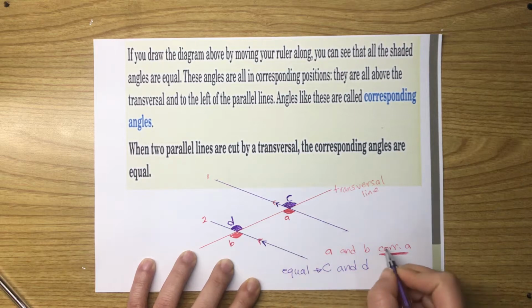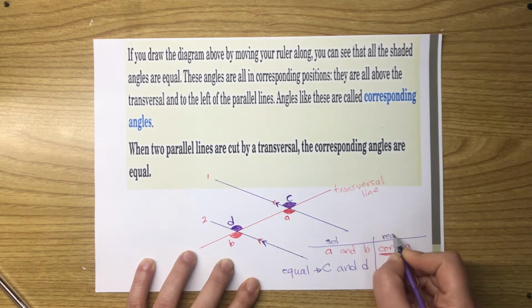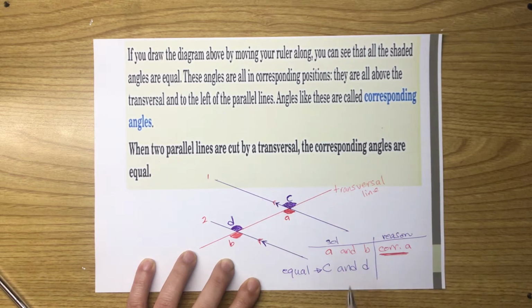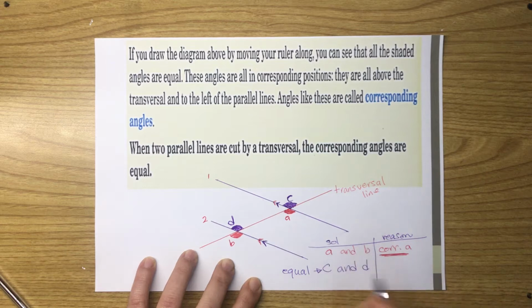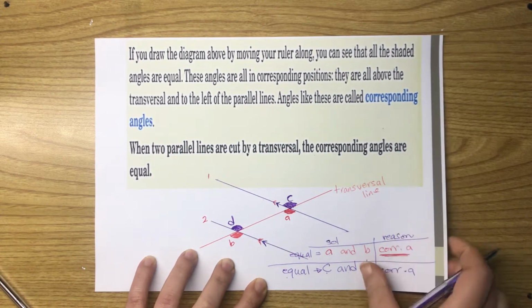Why? This is the solution, or work, the reason. So A and B are equal. Why? Corresponding angles. C and D are equal because they are corresponding angles. Show your work.